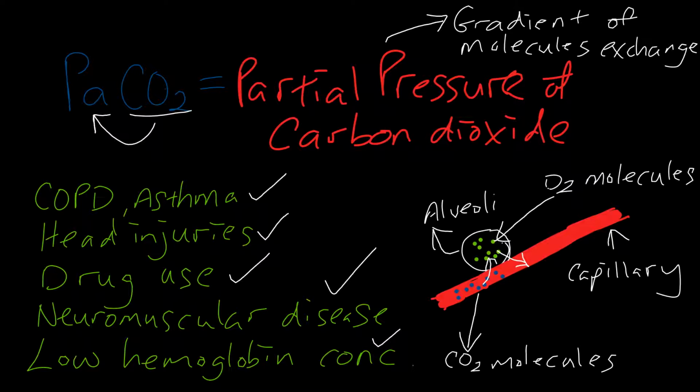All these can affect how much CO2 is transferred from the capillary into the alveoli. If there is too much carbon dioxide in the artery, that can lead to acidosis. And if there is too little carbon dioxide in the artery, that can lead to alkalosis.